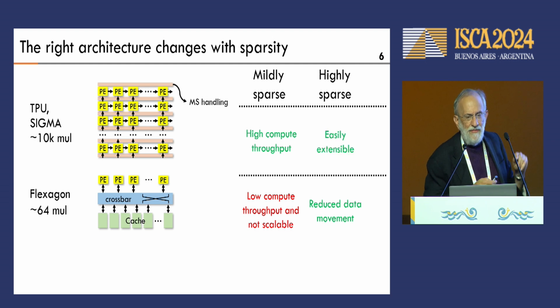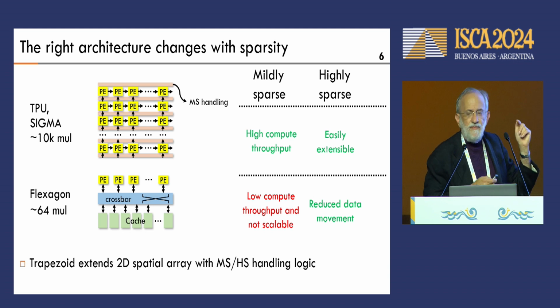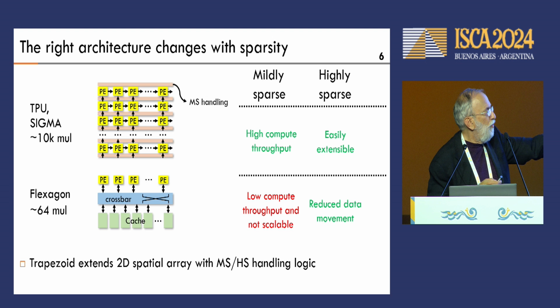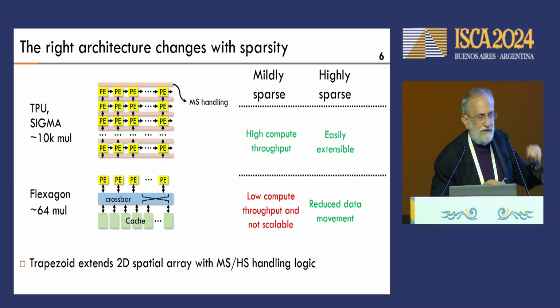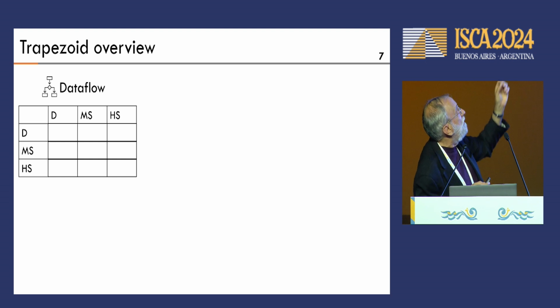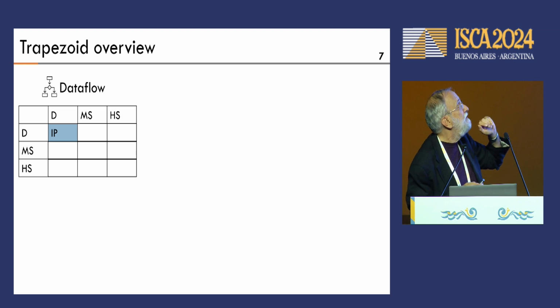But if I think about that other array, it is easily extensible. And so what Trapezoid does is extends that 2D array with support for medium sparsity and high sparsity data. So the overview of Trapezoid is for dense computation, it uses an inner product data flow.